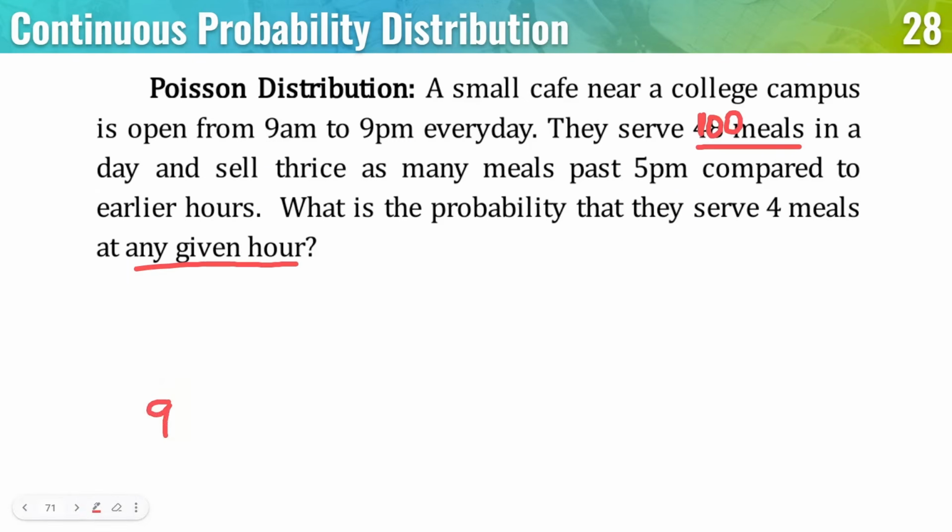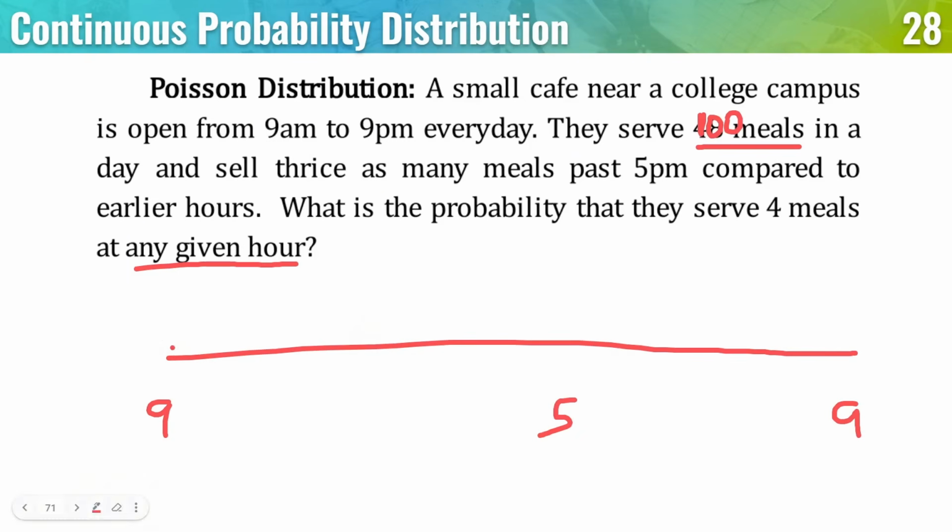So let's start with 9 a.m. to 9 p.m. And then we also mark 5. So you'll notice that they sell thrice as many meals past 5 p.m. So in this situation, it's near a college campus, so the students are probably eating dinner.